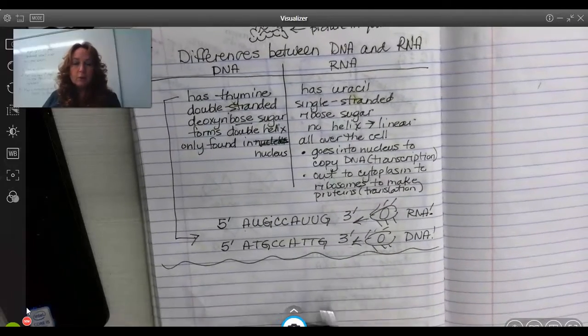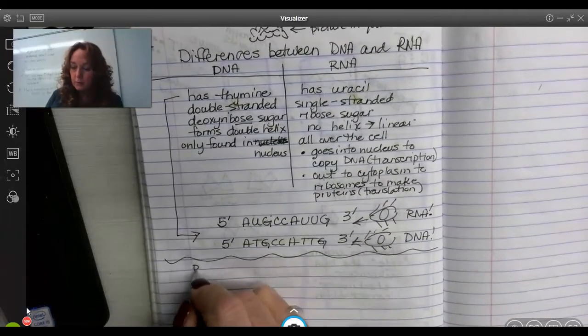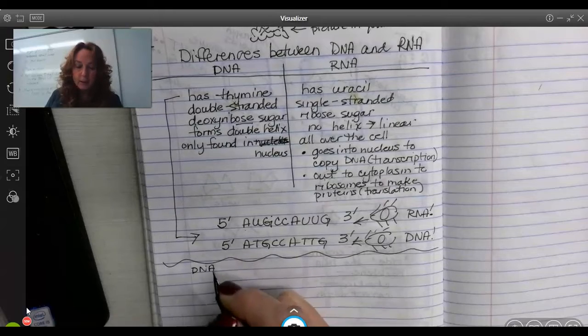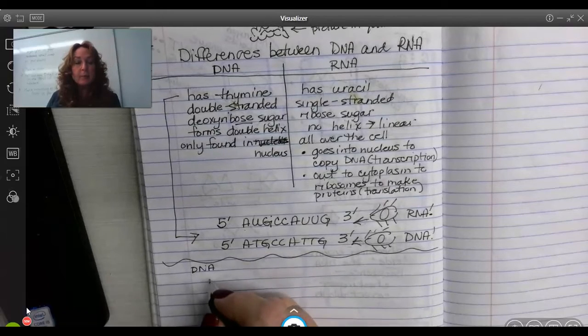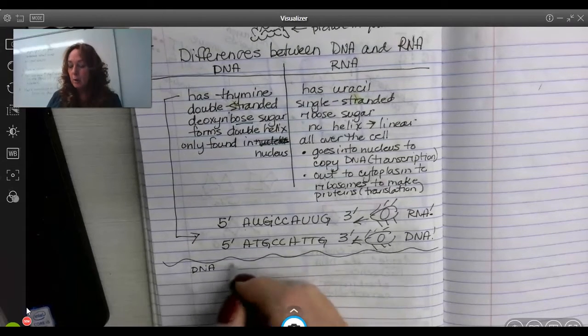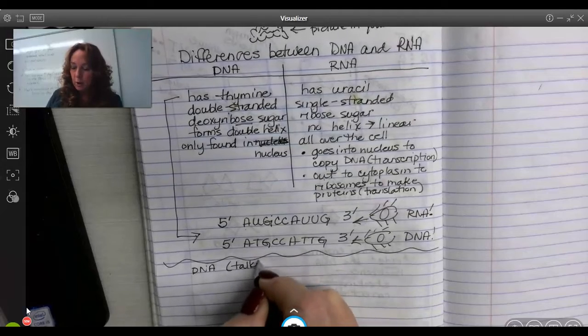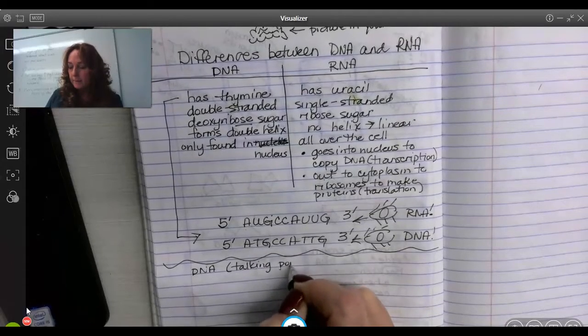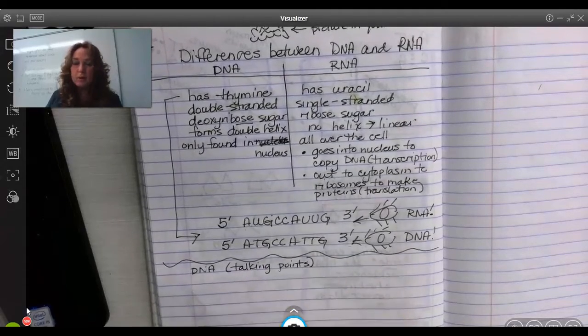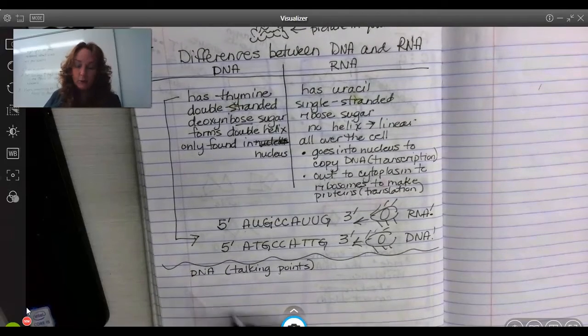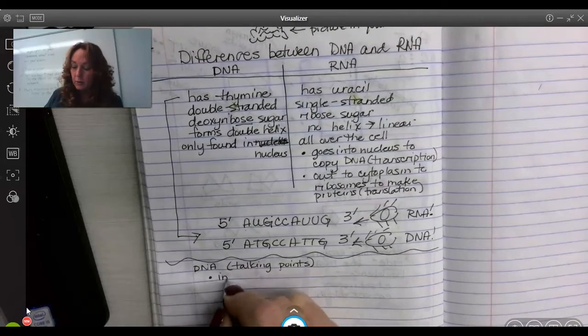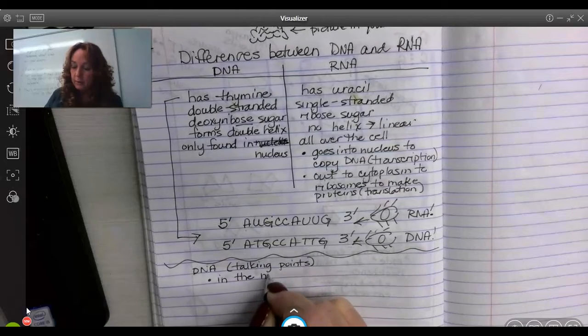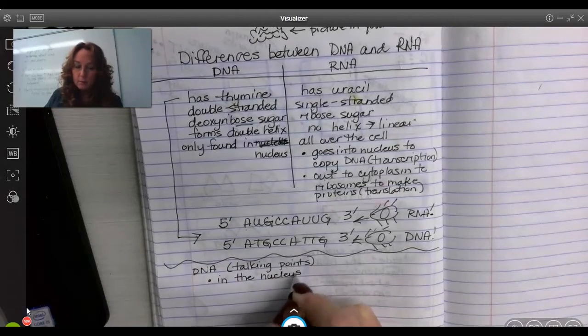So let's just take a few more notes on DNA. Let's put talking points, which could really be writing points if you think about it. I'd want to be sure that I said that it was only found in the nucleus.